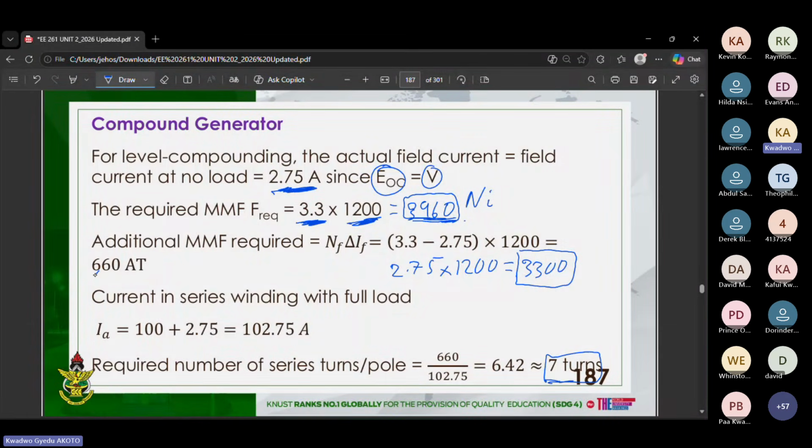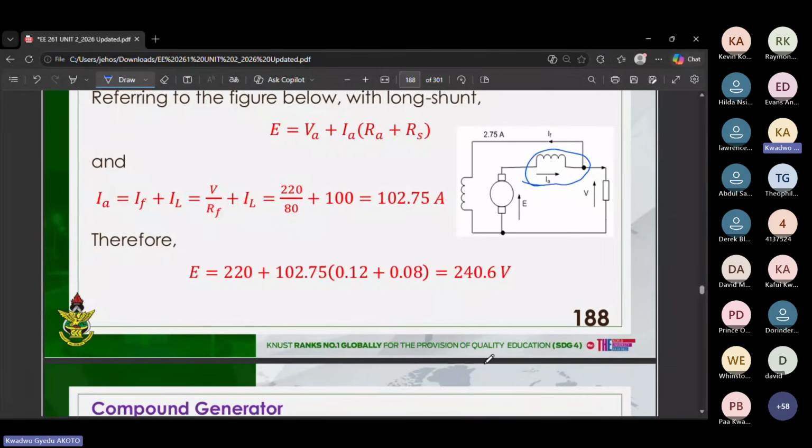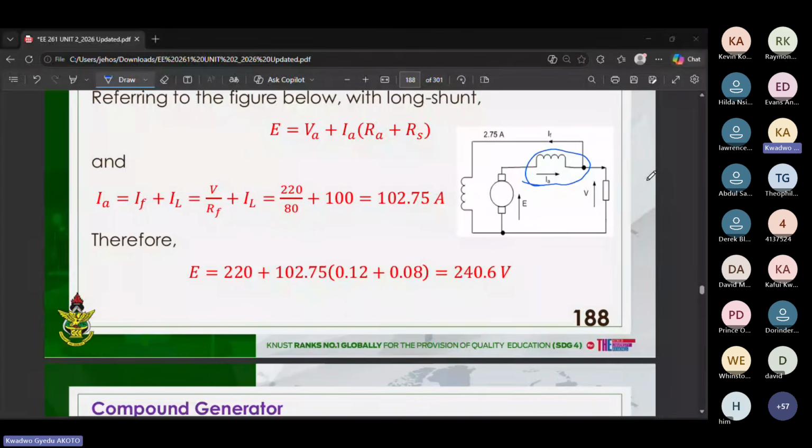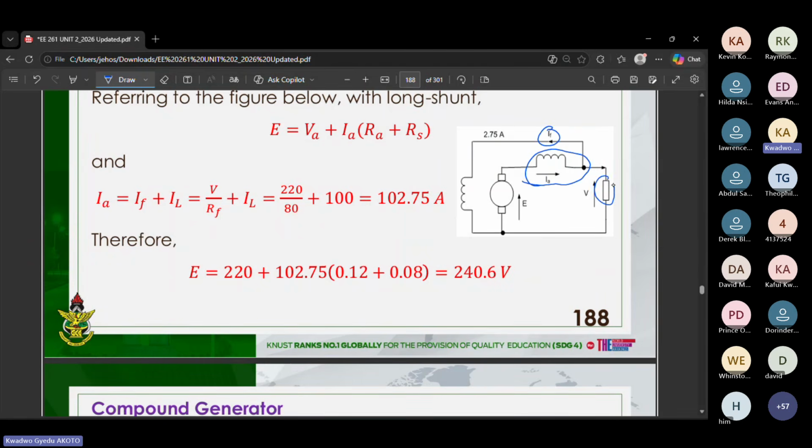Okay. And so if it is in long shunt, then our IA, which is the current through our series field, is going to be equal to our IF plus our load current, right? KCL: load current and IF enter here. So the current in our series field is going to be our field current plus our load current.